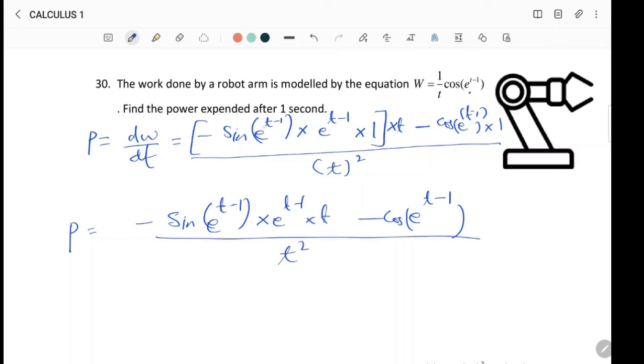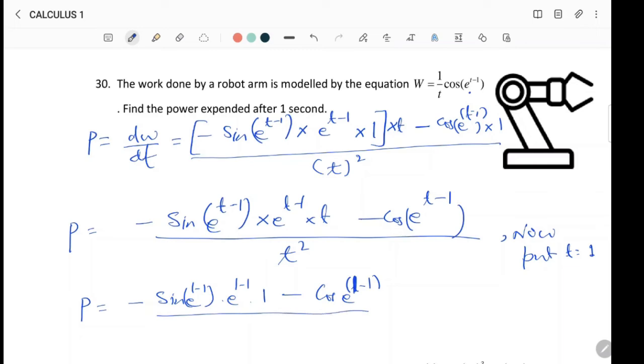Now put t equals 1. So minus sine e to the power 1 minus 1, e to the power 1 minus 1 times 1, minus cos e to the power 1 minus 1 over 1 square, right?